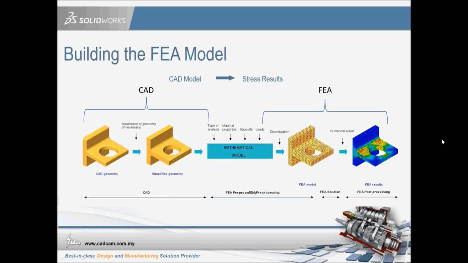You can see on the third model over here, and from there we put in the assumptions or boundary conditions, and lastly we get the result in color, where the color shows us different stress values from minimum to maximum. Now this is a typical CAD to FEA process.